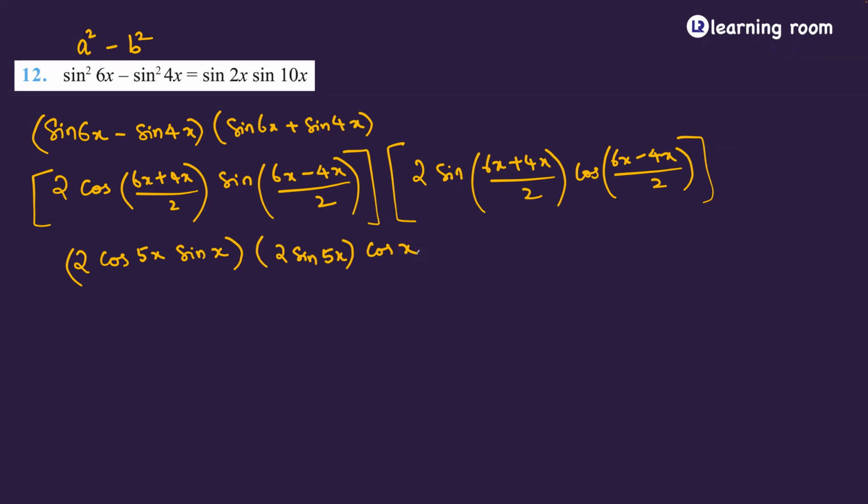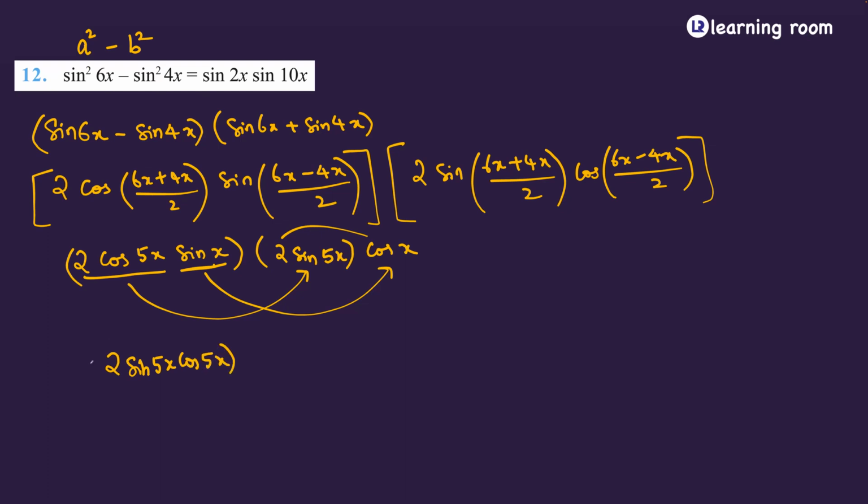So we will combine this 2 cos 5x with this sine, and this sine with 2 cos x. When I do that, I get 2 times sine 5x into cos 5x. Similarly, I get 2 times sin x into cos x.